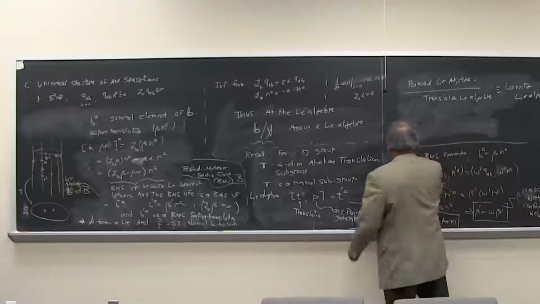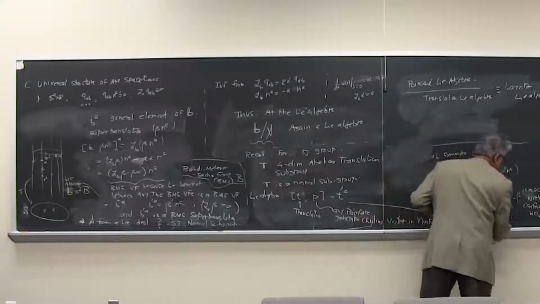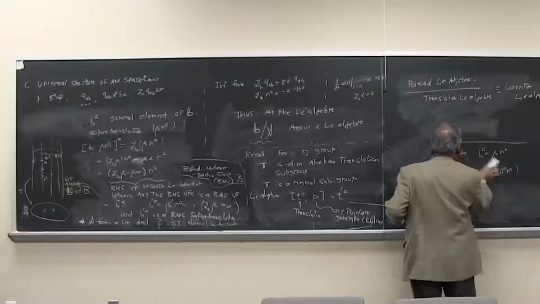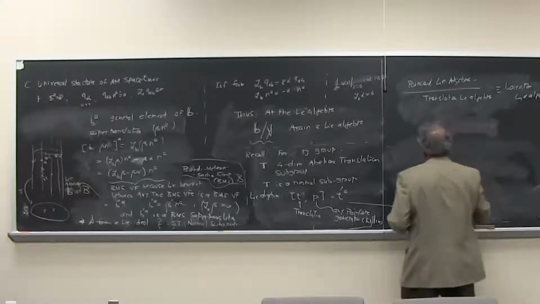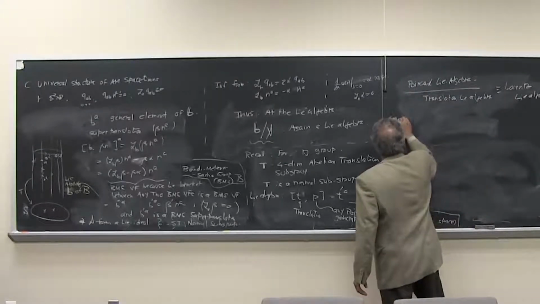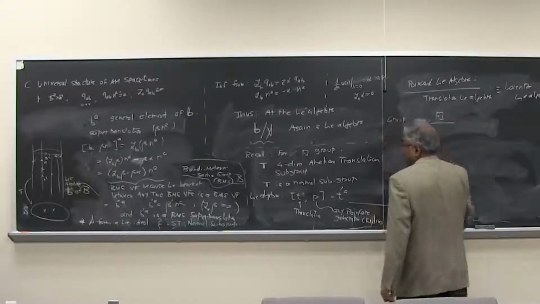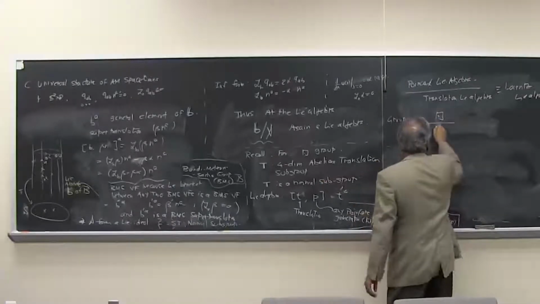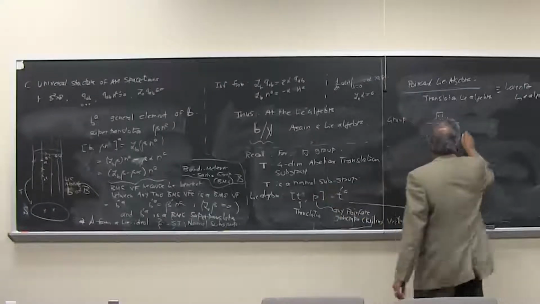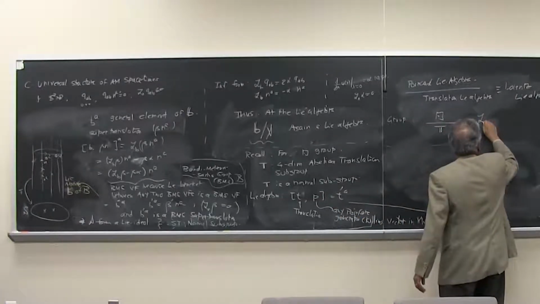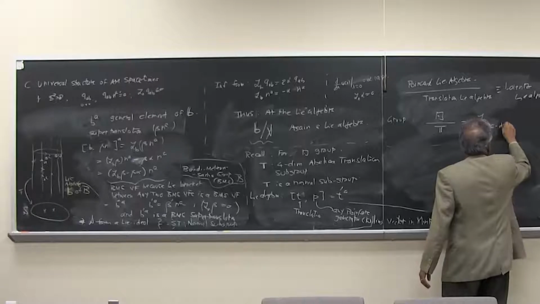And now, at the level of the group, we can take the Poincare group and quotient by the translations subgroup, and that is the Lorentz group. This is a 6-dimensional Lorentz group.